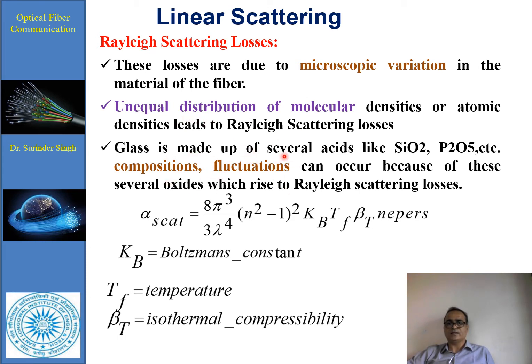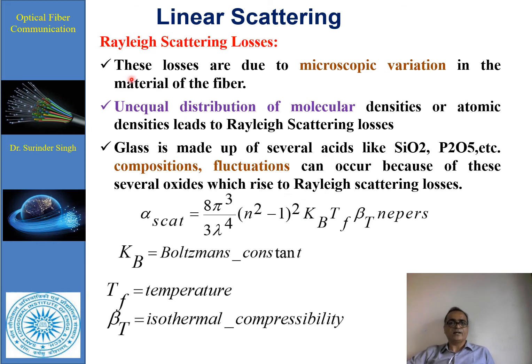Glass is made of several oxides, like silicon dioxide, in combination. The composition variation may be reduced if an improved fabrication technique is used. Index fluctuation caused by freezing of density inhomogeneity is not included here.